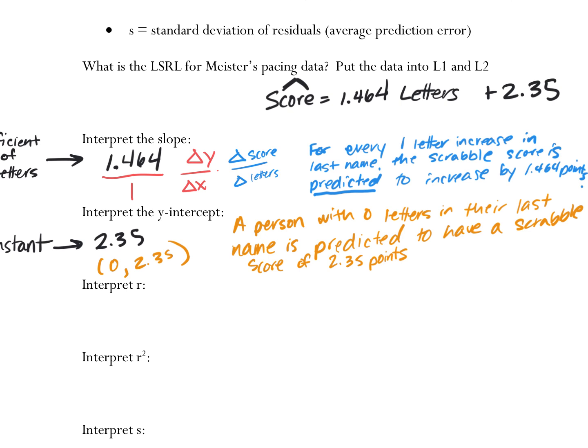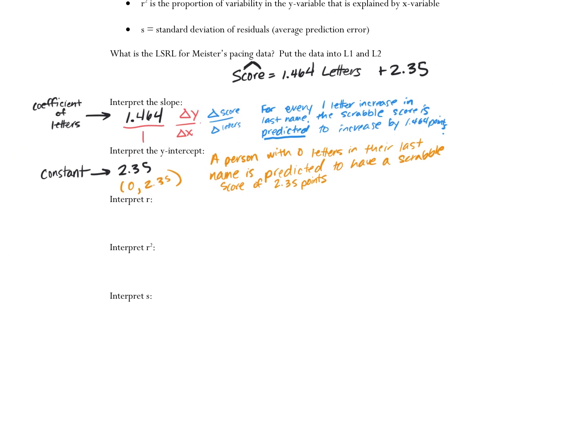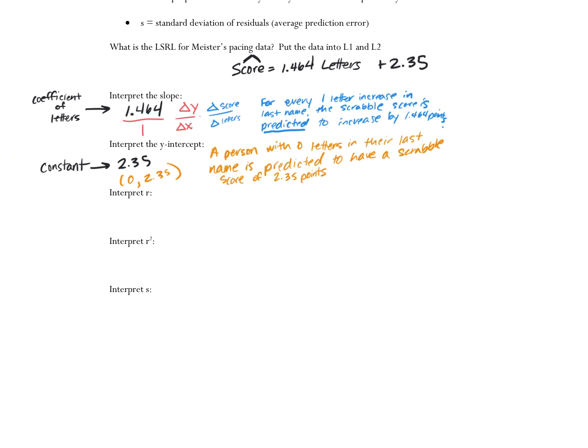Remember how we talked about interpolation and extrapolation yesterday? Do you feel comfortable interpreting R? Do you feel comfortable interpreting R squared? If I tell you that R squared is 50.7%, would you be able to interpret what that means?